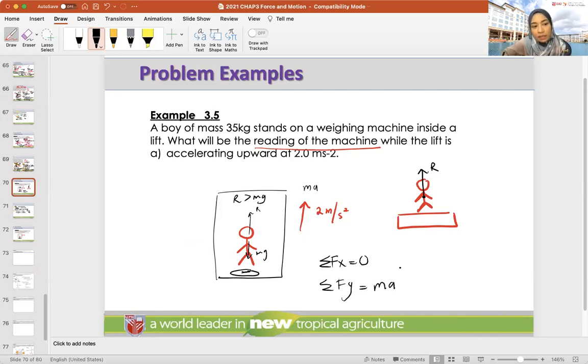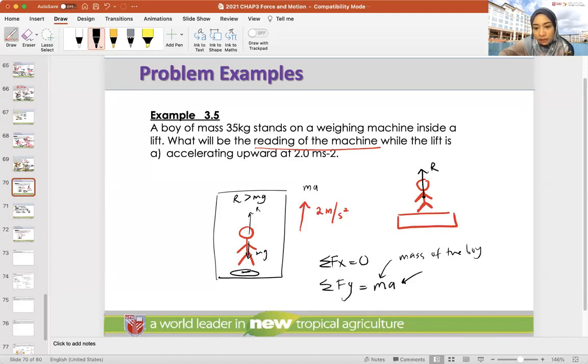What mass am I talking about? We are talking about the boy. Even though the lift is accelerating, we want to know the reaction force of the boy. So we don't really care about the mass of the lift, we care about the mass of the boy. So this would be the mass of the boy.